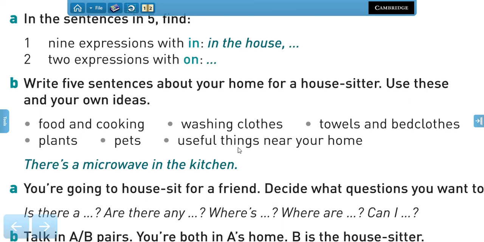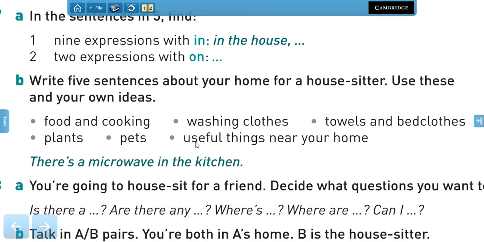If they want to wash clothes, can they use your washing machine? You can also mention towels and bedclothes if you have plants or pets, and you can give some tips or useful things near your home. So if there's a supermarket or maybe a bank, or there's a bus stop that you can take to go somewhere, right? Try to write sentences about that.